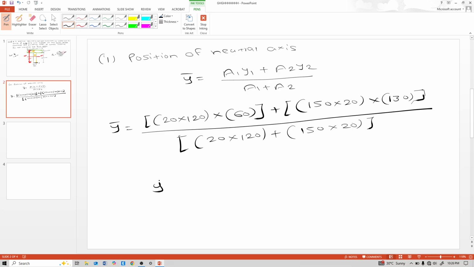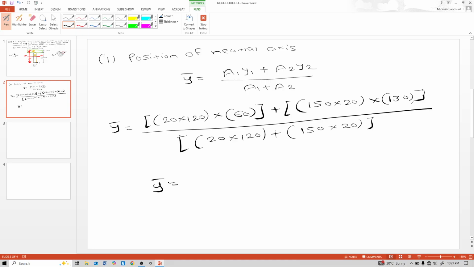So this position of neutral axis is calculated with the help of a calculator. 20 into 120 into 60 plus 150 into 20 into 130, divided by 20 into 120 plus 150 into 20.